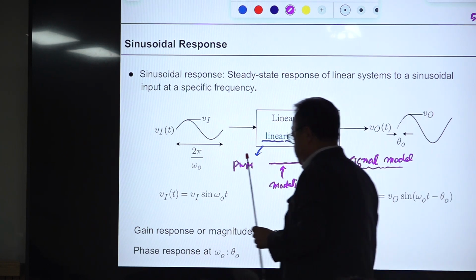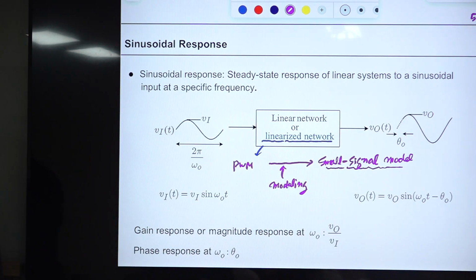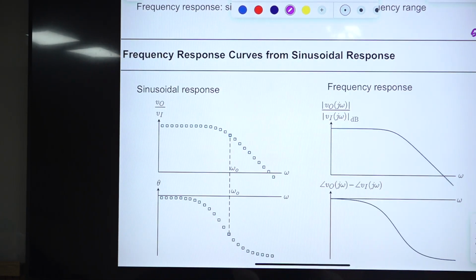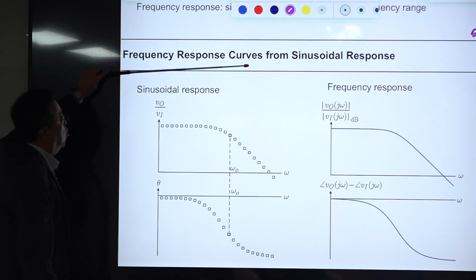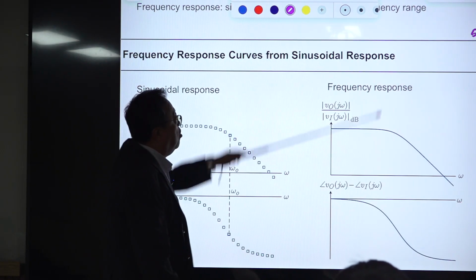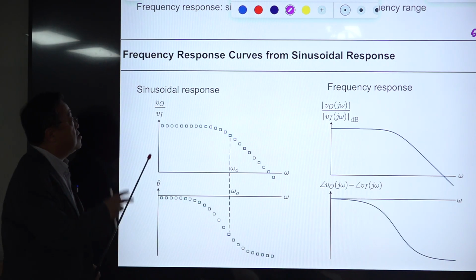This phase delay is called the phase response at that particular frequency. This sinusoidal response is generalized to frequency response. Okay, so this frequency response curve comes from the definition of sinusoidal response.